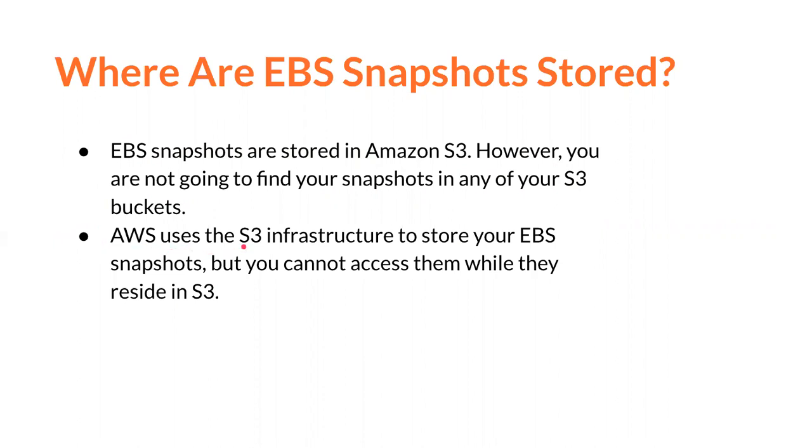AWS uses the S3 infrastructure to store your EBS snapshot, but you cannot access them while they reside in S3. So in simple words, you cannot access your snapshot in your S3 bucket.